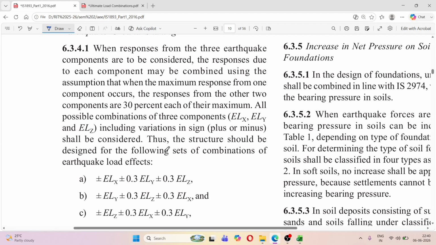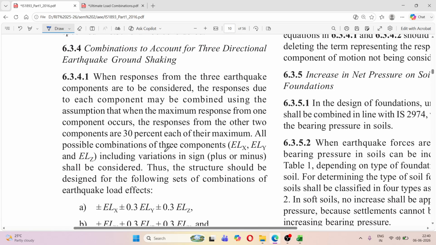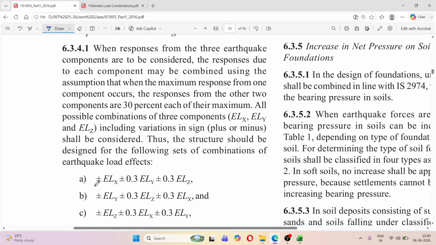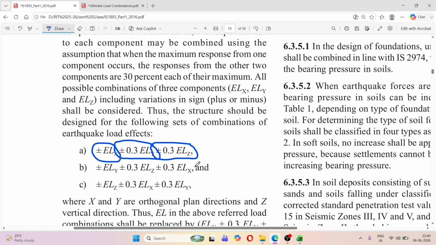considering all three directions, then in the same way, plus or minus earthquake in x direction plus or minus 0.3 earthquake in y direction plus or minus 0.3 earthquake in z direction.